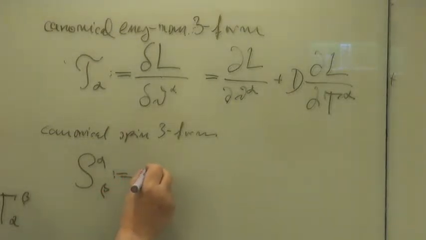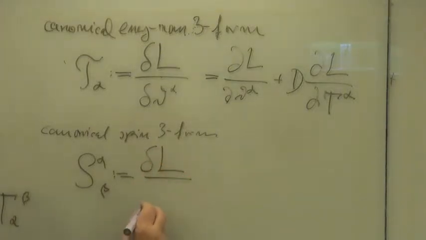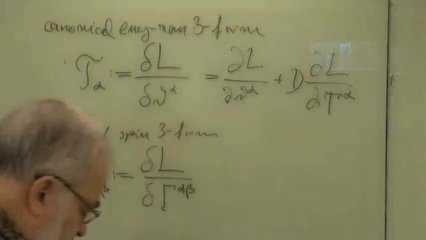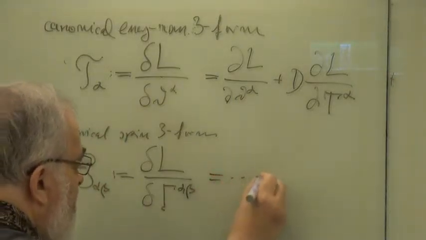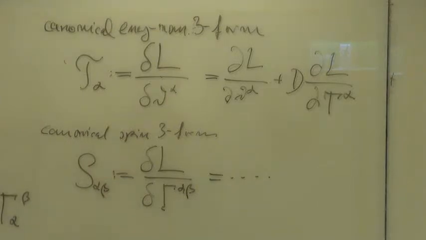So it's the variational derivative of L with respect to gamma alpha beta. Here I put both indices down. S alpha beta is this. And if we express this expression, I won't do it because we don't need it.